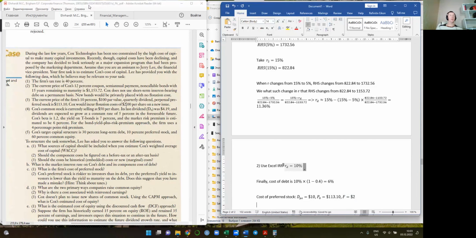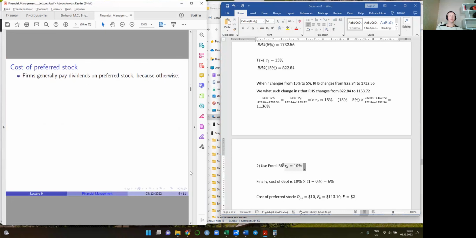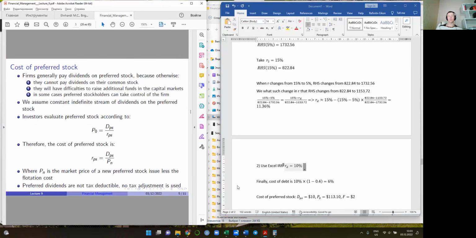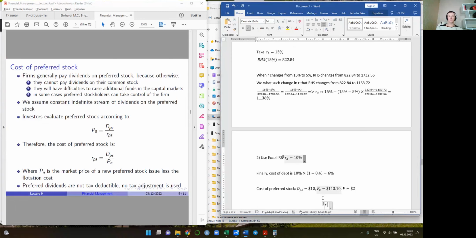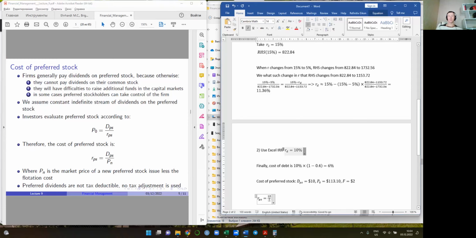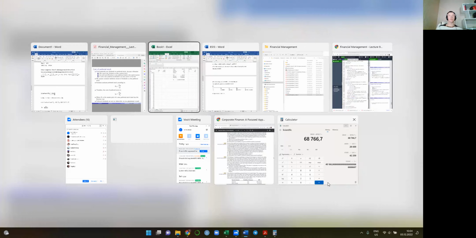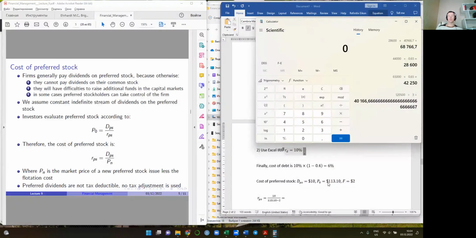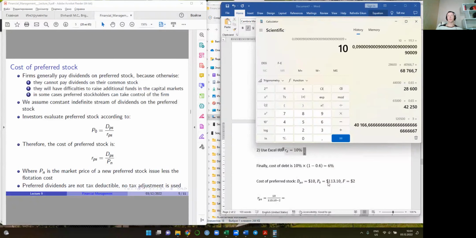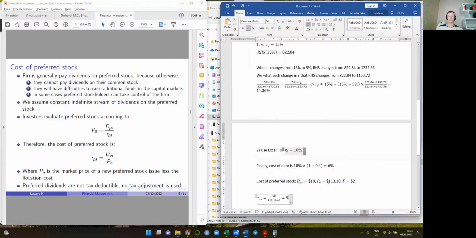From the lecture slides, we know that in order to estimate the cost of preferred stock, we do the following. RPS equals $10 divided by PN, where PN is the market price less the flotation cost. So the market price is 113.10, flotation cost is 2. So finally, we have 10 divided by 111.10, which is approximately 9%.